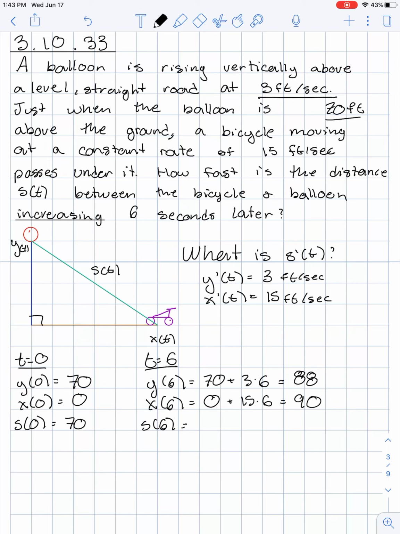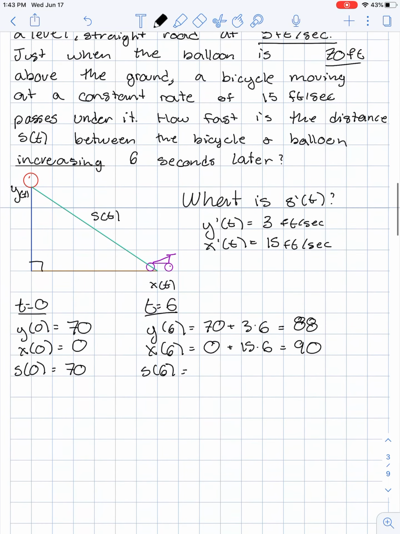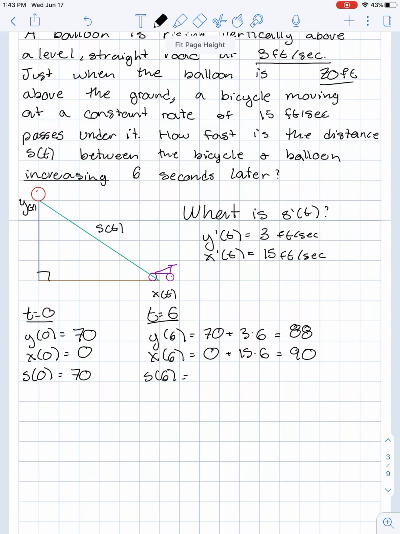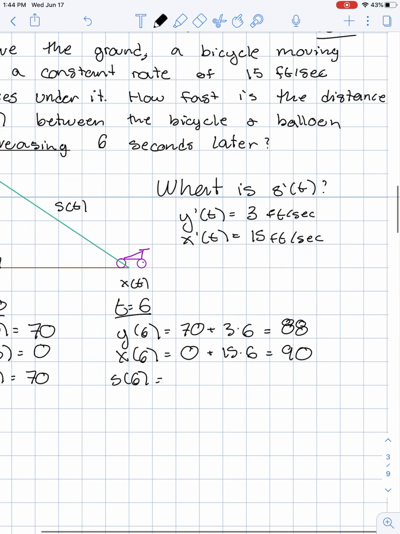So this is going to be 88 squared plus 90 squared, and I'm going to take the square root of that.